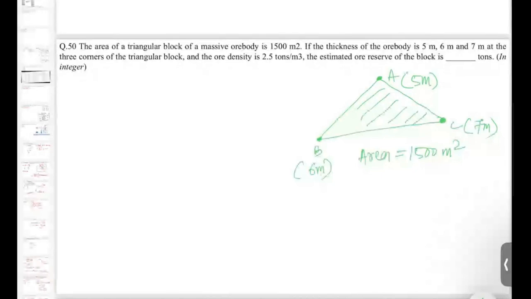If you see the complete question, they have also mentioned the ore density is 2.5 tons per cubic meter, and they have asked what is the ore reserve. Do you know the formula of ore reserve? It is the volume of the ore into density.